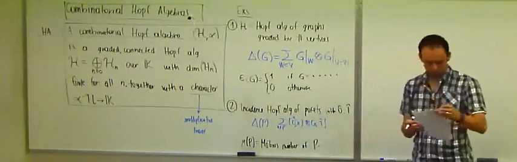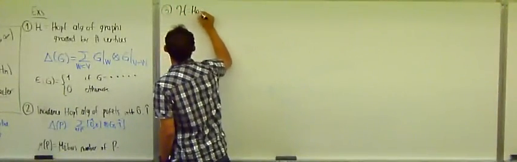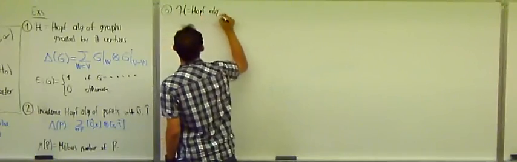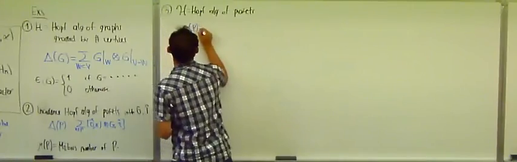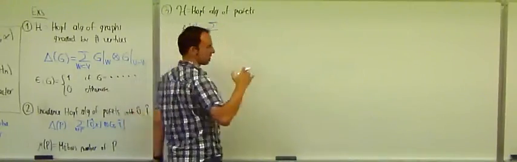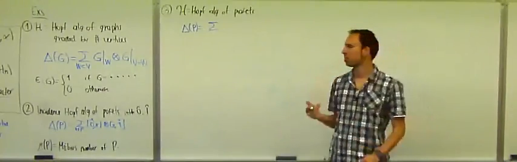Maybe a different example is the other Hopf algebra of posets we considered, where the coproduct was given by cutting the poset into two by an order ideal.